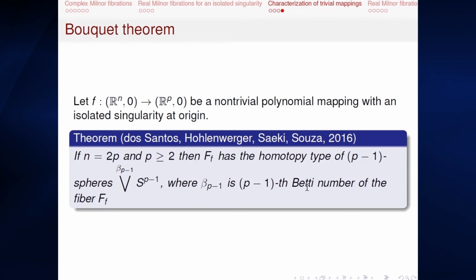We cannot expect, in general, a bouquet theorem in the real case, since the fiber can be contractible. But for a non-trivial example from R6 to R3, the real Milnor fiber has the homotopy type of a bouquet of spheres.